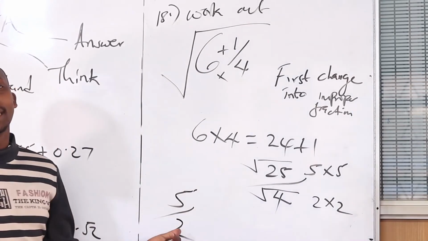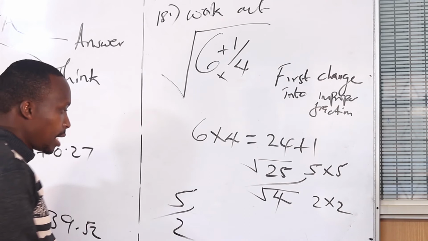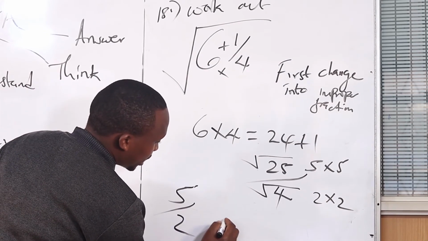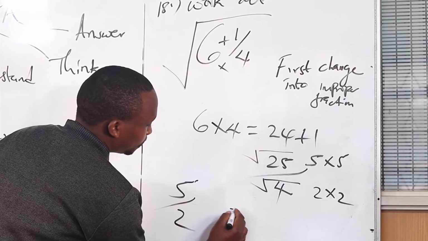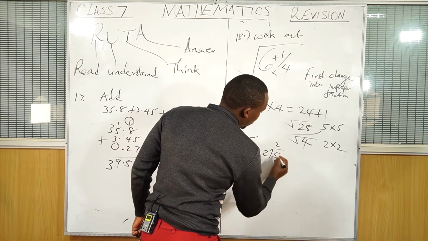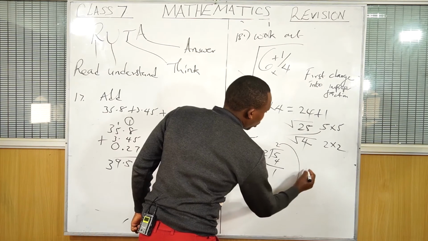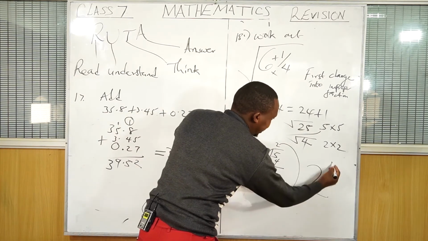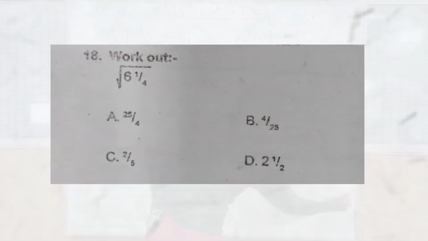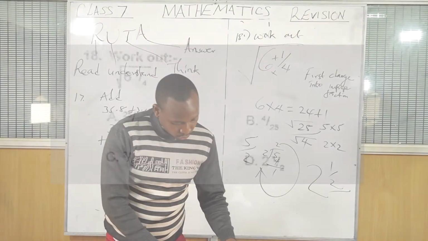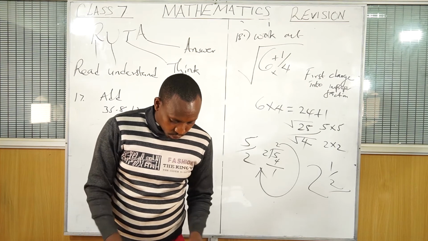We cannot leave this number this way. So we will say 5 divided by 2. 2 times 2 is 4, remainder 1, that is 2, 1 over 2 is our answer.